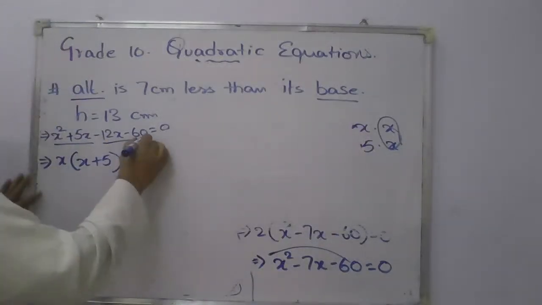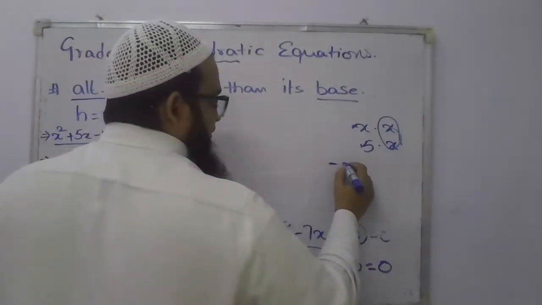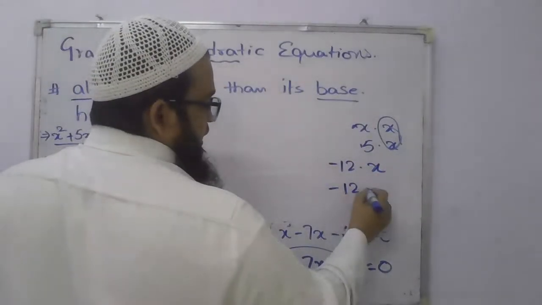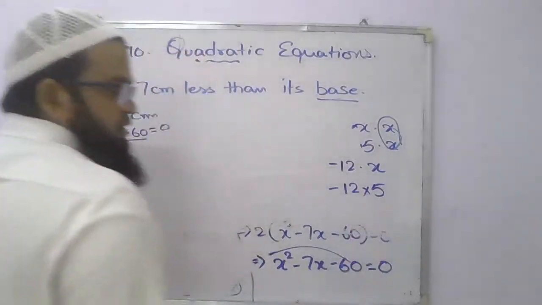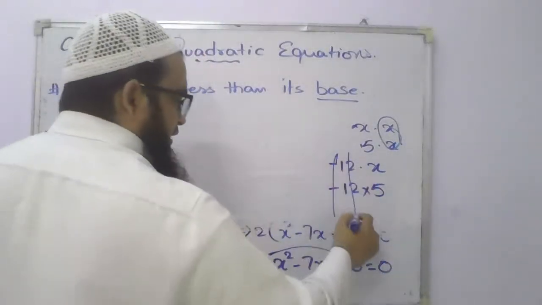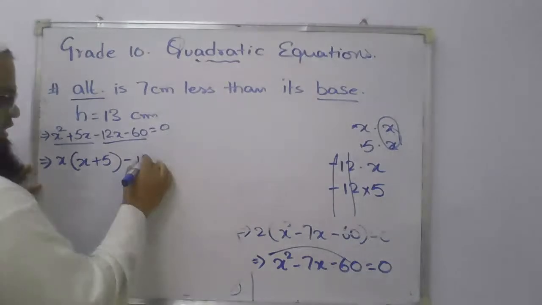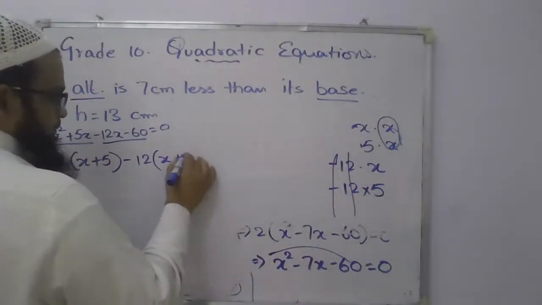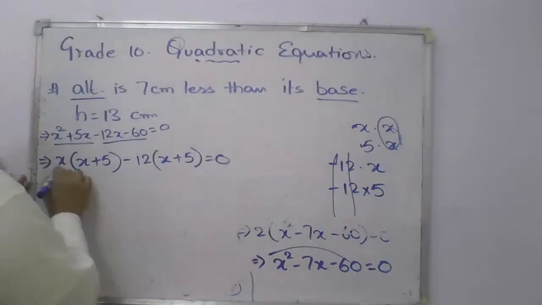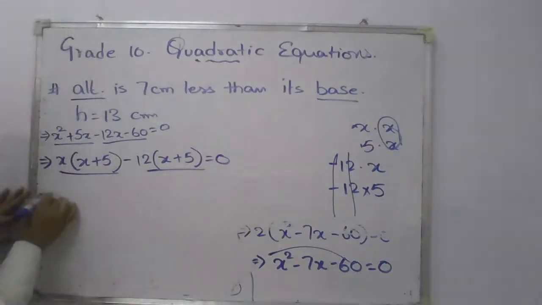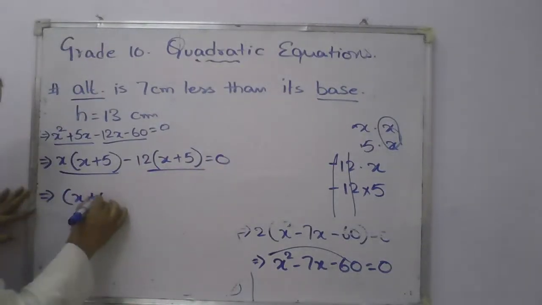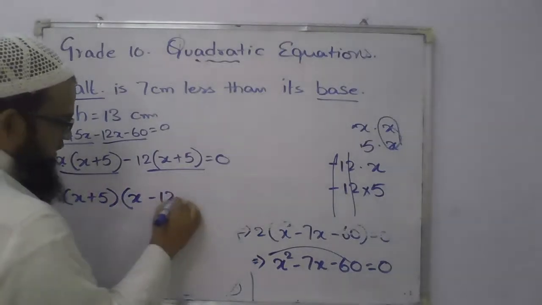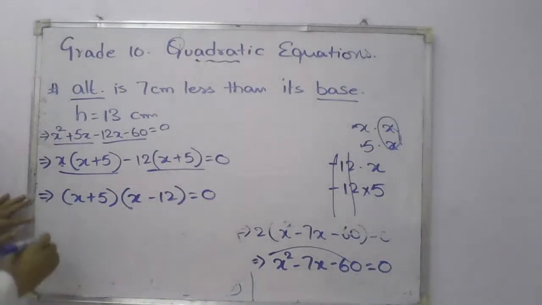And in these two terms, minus 12x and minus 60, you can write 60 as 12 into 5. So minus 12 is common. Let us take minus 12 common. You have x plus 5. Now take x plus 5 as common. What is left out? x minus 12 is equal to 0.